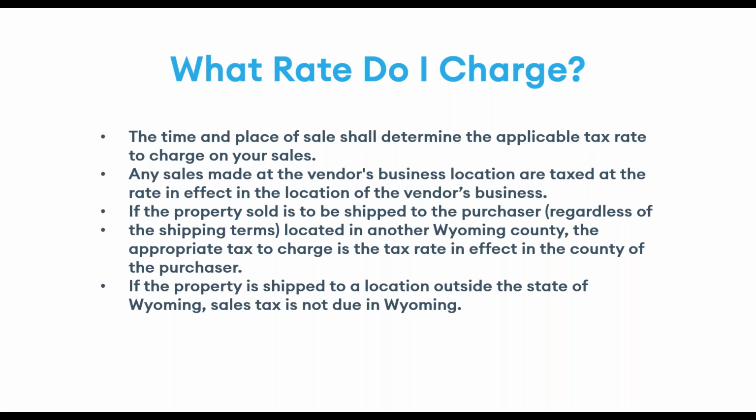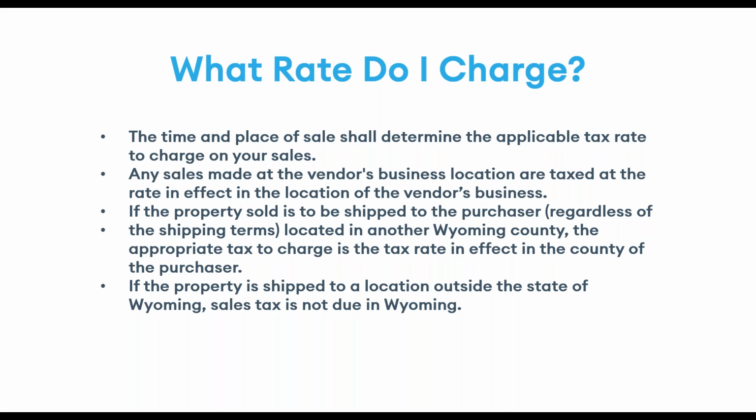And then we're going to talk a little bit about what rate do you want to charge. So the time and the place of the sale is what's going to determine the applicable sales tax to charge on your sales. So any sales made at the vendor's business location are taxed at the rate in effect at the location of the vendor's business.